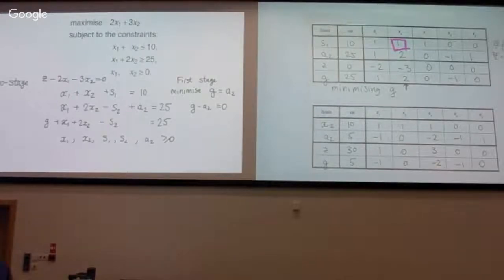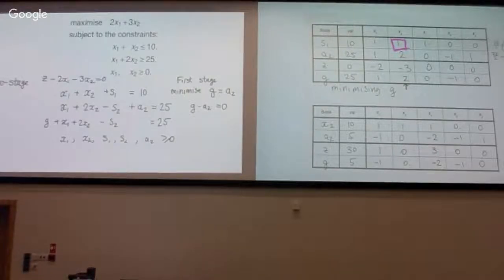Can you see this? Everyone. Look at it again. I hope everybody knows what we're doing. Okay, so what we're doing is, once again, we're trying to solve this. So first of all, we're trying to find some x1, x2, and s1, s2, and get rid of the a2 here.